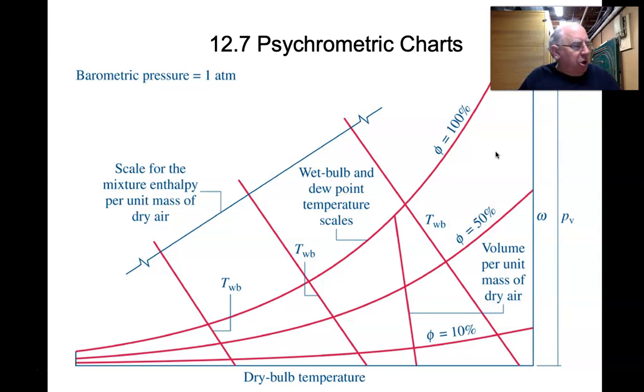The psychrometric chart is an easy way to obtain the various thermodynamic properties for a mixture of dry air and moisture. This chart is a little bit unique in that it has a couple of y-axes over here on the right, and the y-axis is the independent property of humidity ratio.